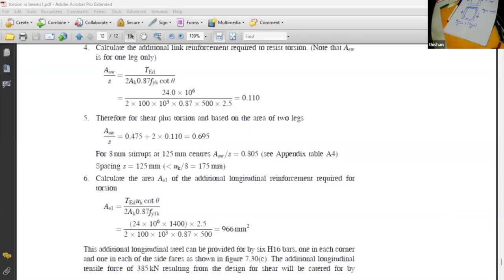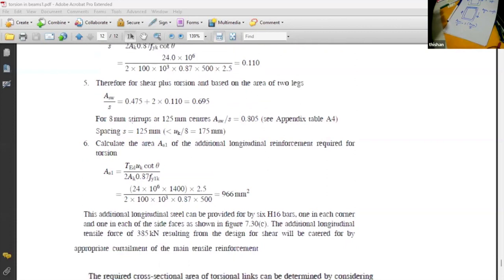If it's a transfer beam, you will find different sections have different torsional moments, so you have to repeat this design at a number of sections and then decide what is the common thing you are going to adopt. Is that clear? Yes. Because it's not uniform, because most of the time torsional moments vary like bending moments. So you have to find the critical sections and check and come to a conclusion.